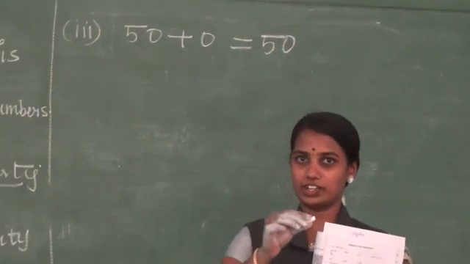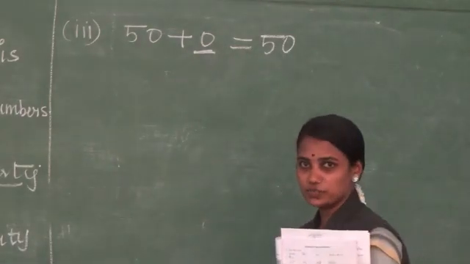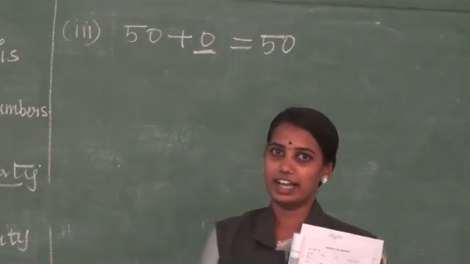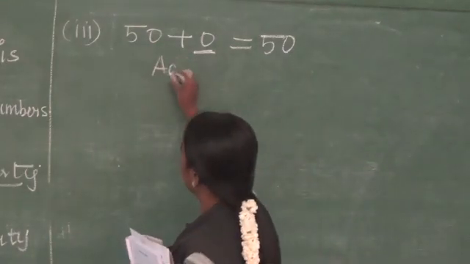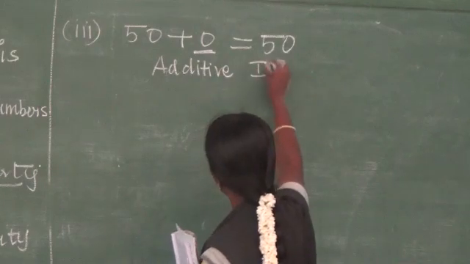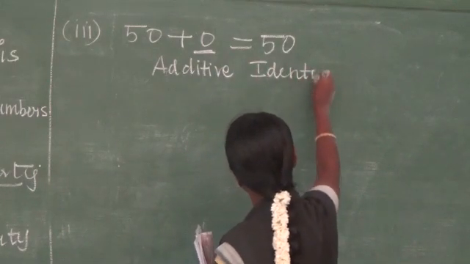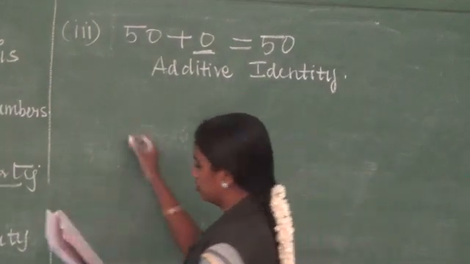Here we can have a clue with this 0. 0 is which identity? Additive identity. So you can tell additive identity.